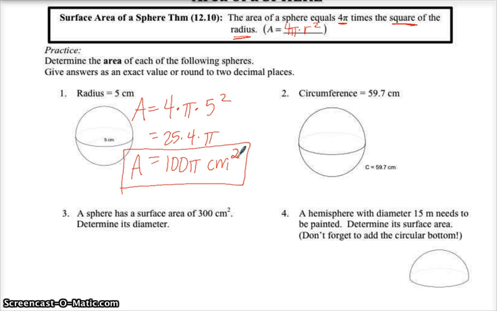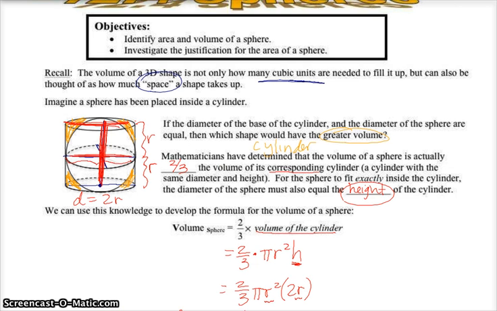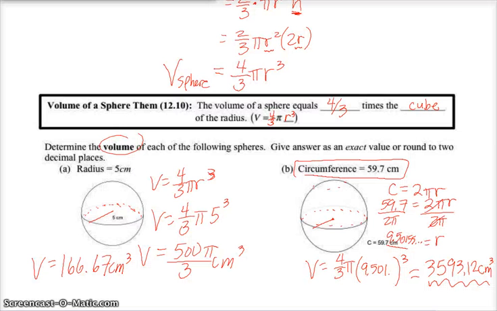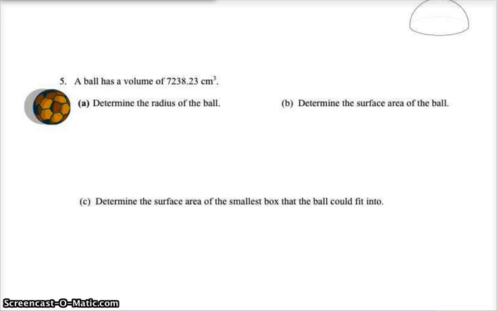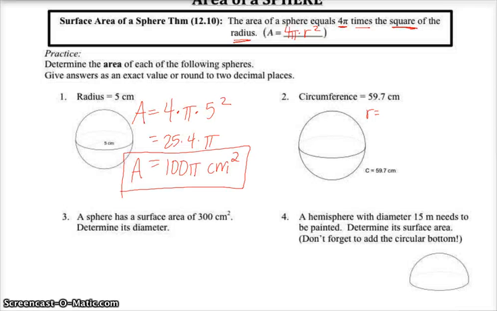And then our circumference is 59.7. Let's go back and recall what we got for that radius. Maybe it's still stored as a value in your calculator, which is awesome: 9.50155. We already set this equal to 2 pi r and solved for r on the front page.